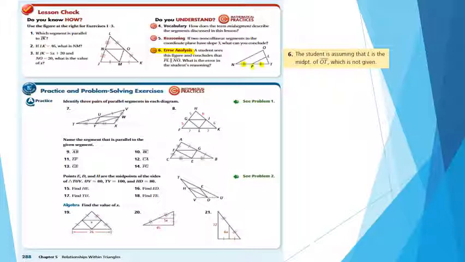That means P is a midpoint. But here, L is a midpoint. Can we say that L is a midpoint? No, is it right? Why? Because they didn't put this mark. So here, the answer is the student is assuming that L is the midpoint of OT, which is not given. That's it. So this is for today.